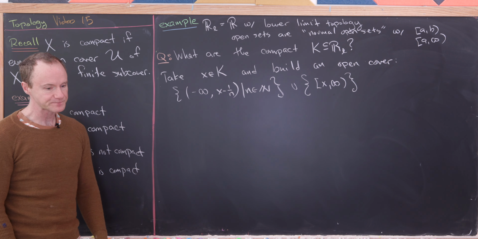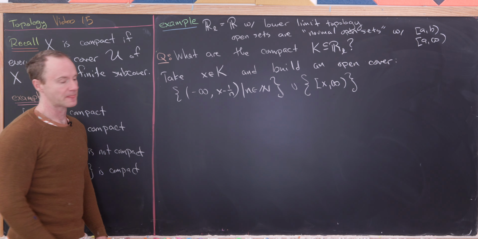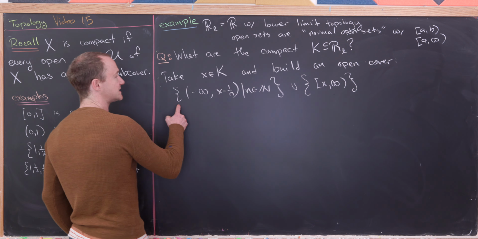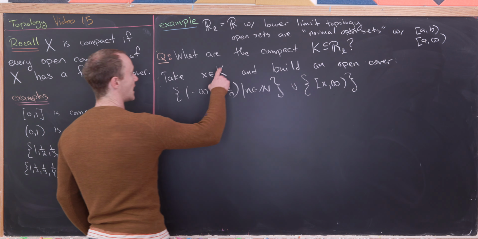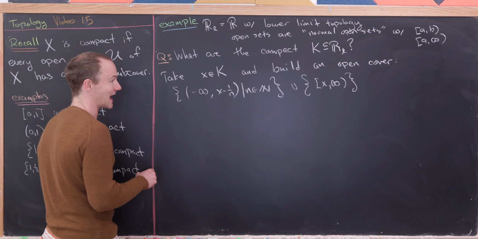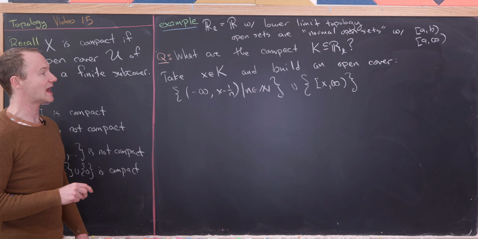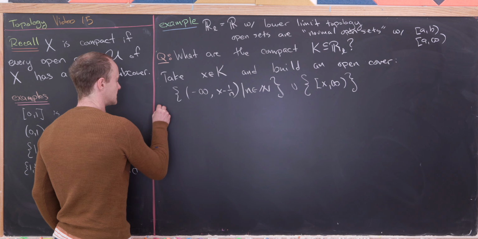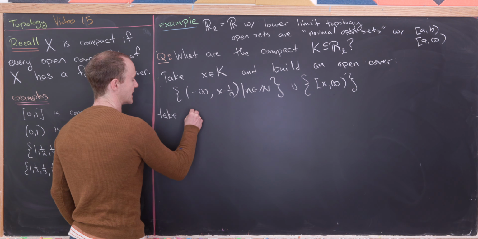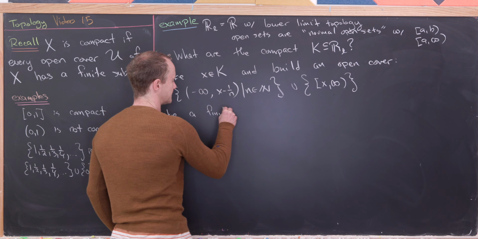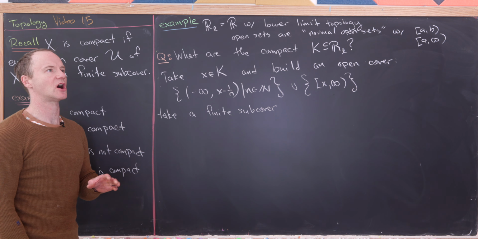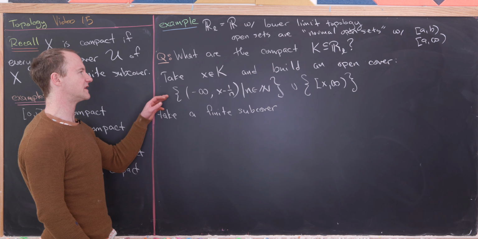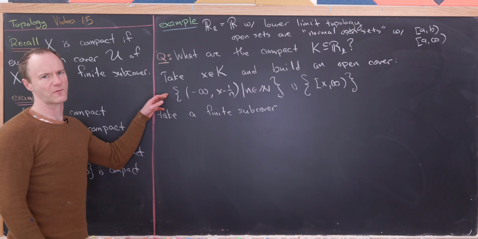Okay, great. So now, since we've got an open cover of our set K, what I want to do now is take a finite subcover. I guess maybe we should talk a little bit about how we know that this covers K before we go on.